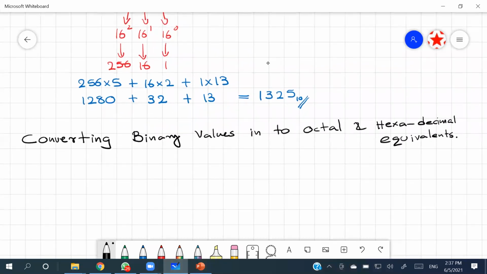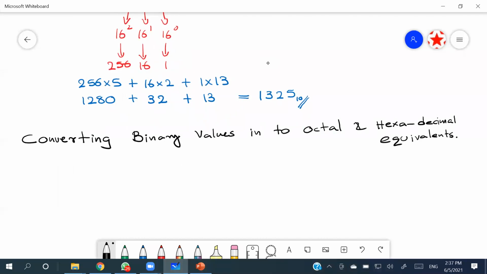Now in this conversion there is a very easy way to do your conversion from binary to octal and hexadecimal. As I told you in the previous conversions, this particular conversion has a common technique.